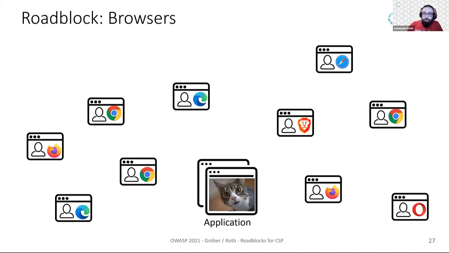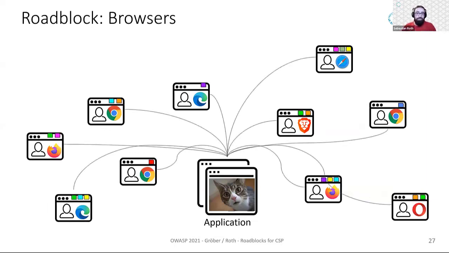But not only the browser itself can cause violations. Also, the users might have installed all kinds of extensions and plugins that interfere with the application and cause false positive reports.